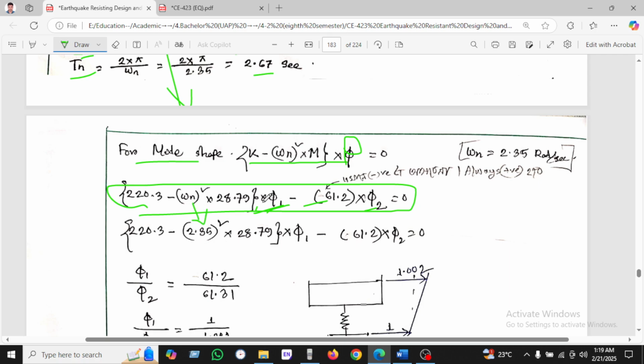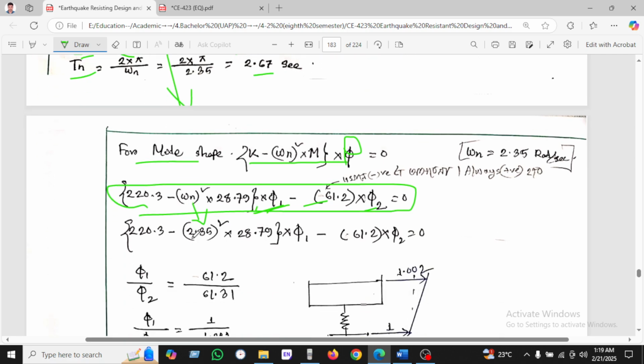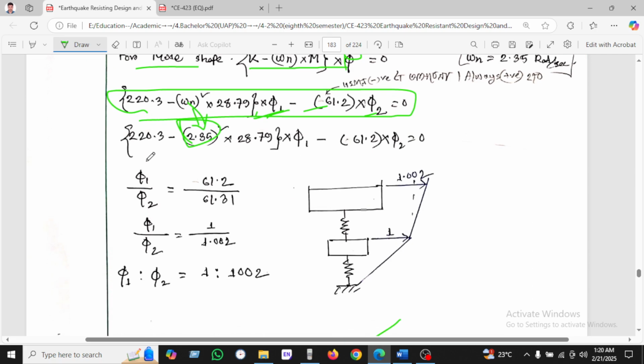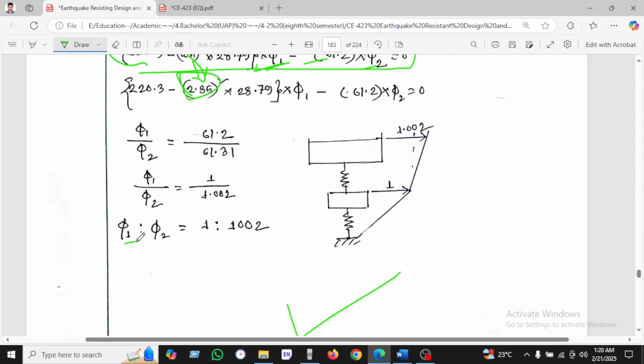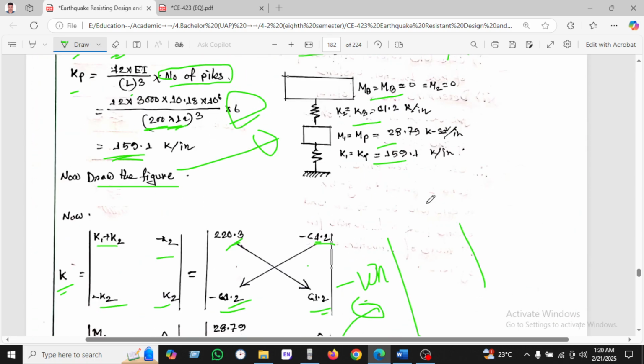Using the value of omega, which we found as 2.35, we take the proportion of this equation and find psi 1 and psi 2, which is 1 and 1.002. So the first story is giving 1 and the second story is giving 0.002, which is minor.